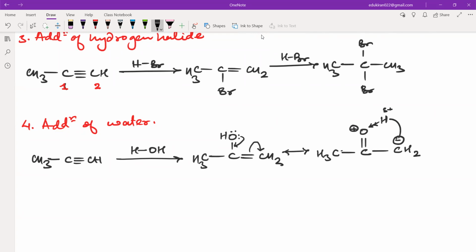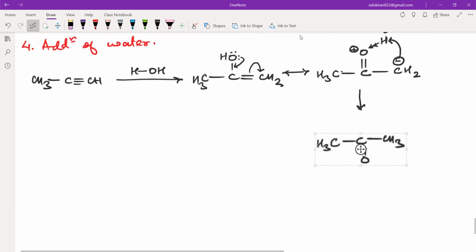They react like this, and you form CH3, single bond, C double bond O, CH3. Okay. So this is very rapid. C double bond O, let me write that properly here.